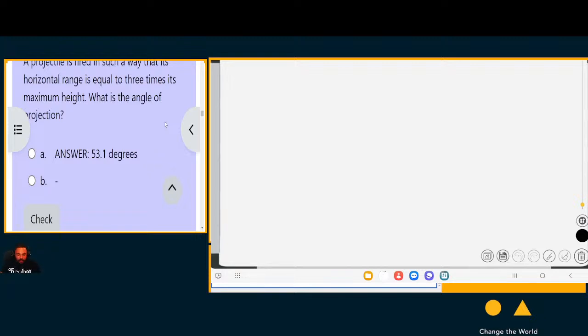I just wrote there that it should be 3 over 2 equals sine 2 theta over sine squared of theta. So this is the theta that we want. We want that initial angle. We want to know at what angle should this cannonball be fired so that the range, meaning the horizontal distance it travels, is equal to 3 times its maximum height.